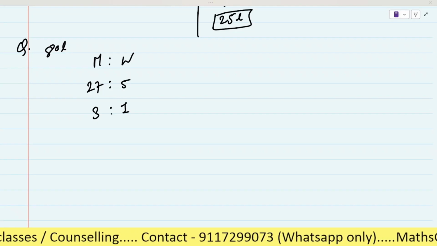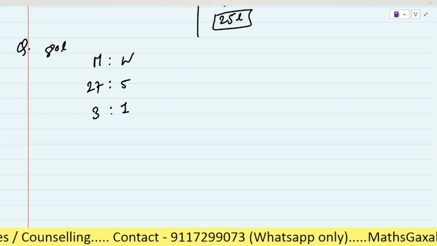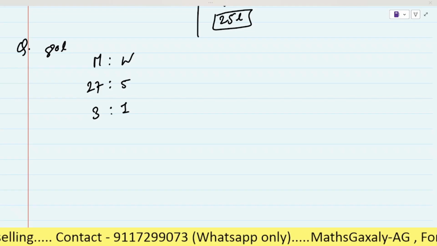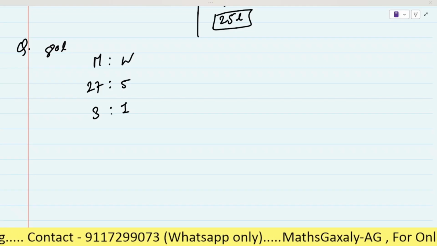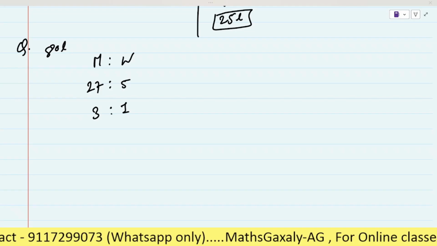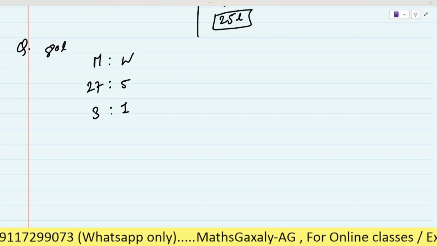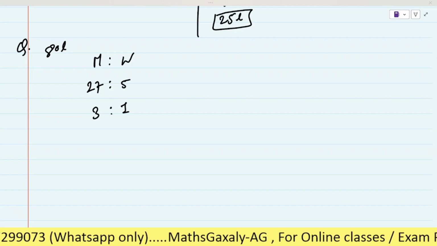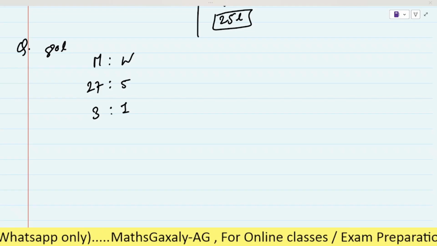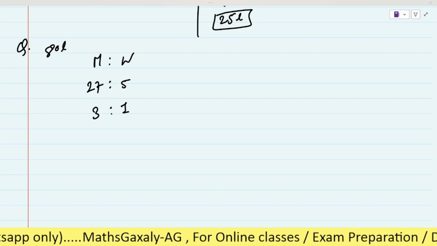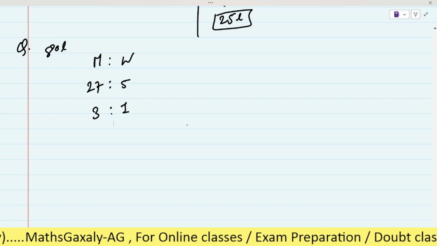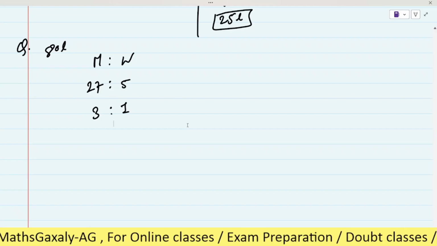Sir, so first, again I took X. Oh, you have solved it by the algebraic method. Okay, no problem dear. Please continue. So then I got the X value as 67.5.